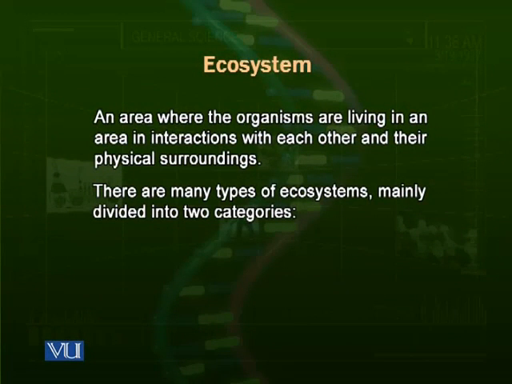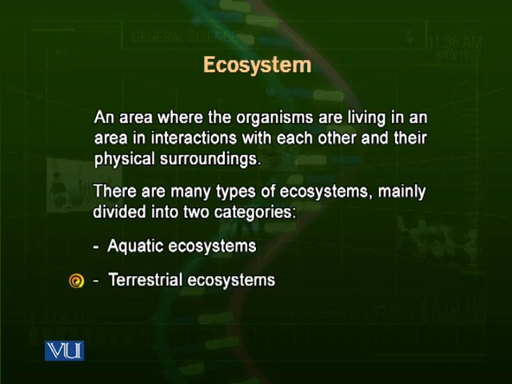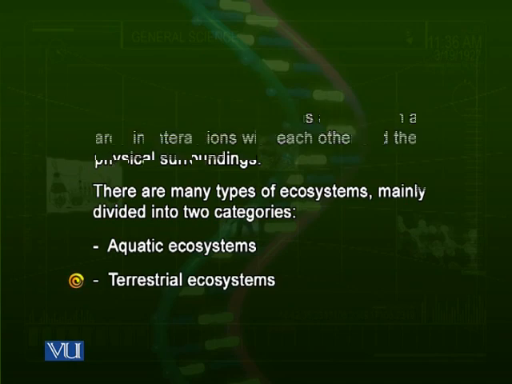There are many kinds of ecosystems. We widely divide them into two major categories: aquatic ecosystems and terrestrial ecosystems. Aquatic ecosystems are present inside the water. Terrestrial ecosystems are present on land.